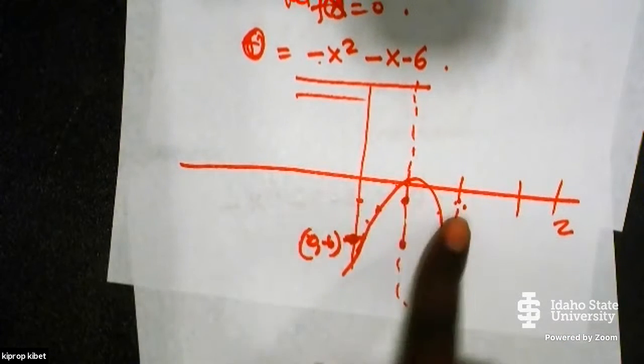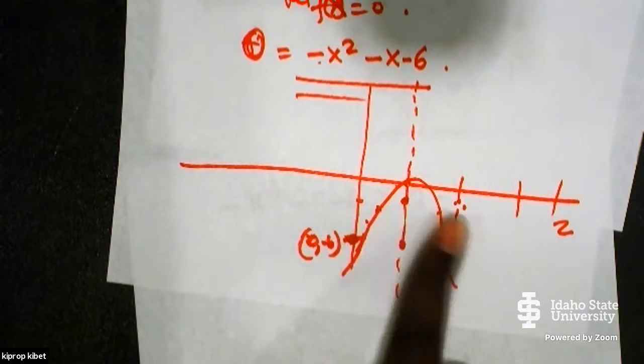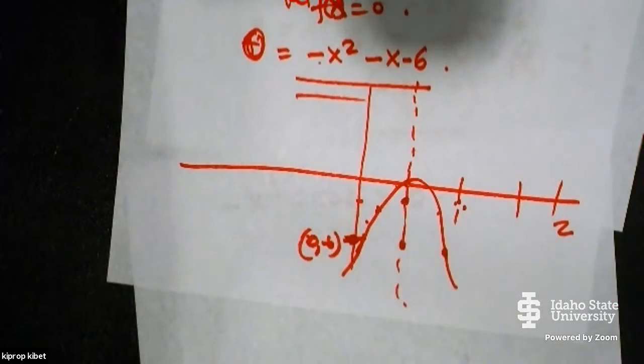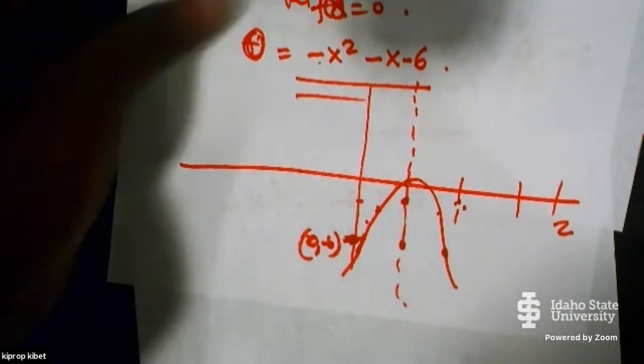Okay, that is one of the questions that you will expect in your exam. You might expect the same question in your final. So you need to read more on that.